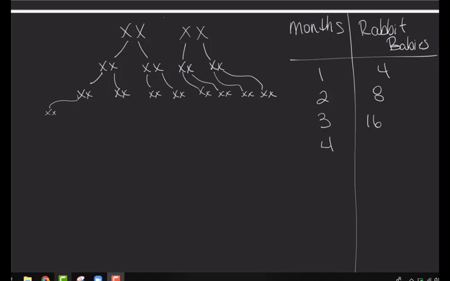Because the original 2, right, this would have been month 0, because they just started, they didn't have any. Right? So you had to start somewhere. So then those pairs each have 2. How many do you think we're going to get for the fourth month?